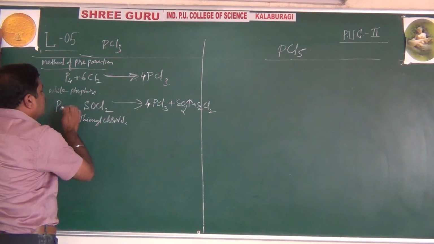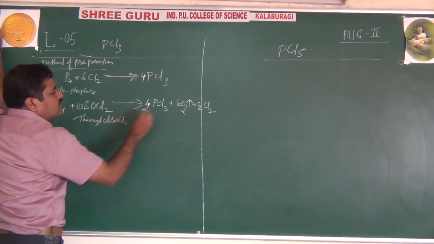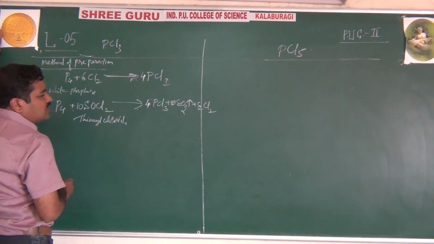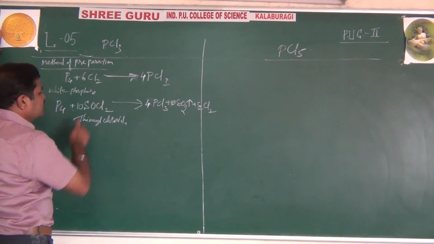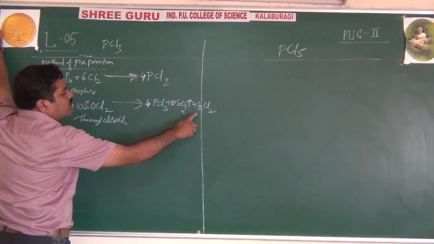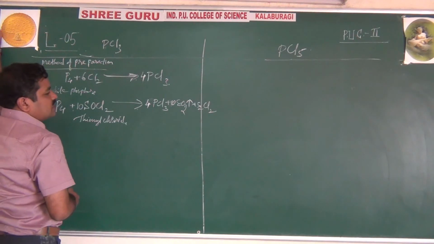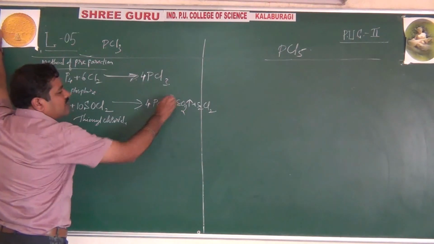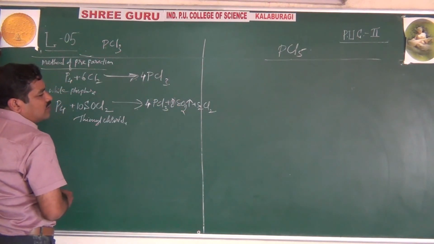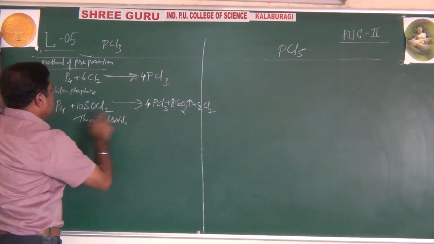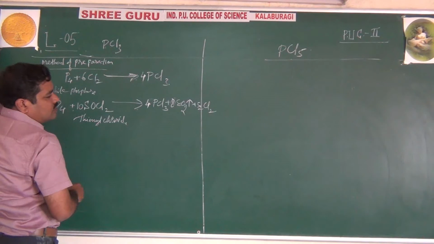4PCl3, okay. Then SO2, then S2Cl2. Almost balanced. Sulfur is 10, SO2 already written. Sorry, it is 8 SO2, and thionyl chloride has chlorine 14 here, 20 there.